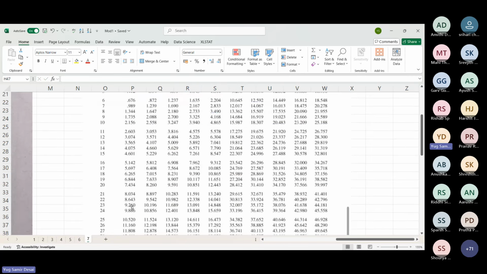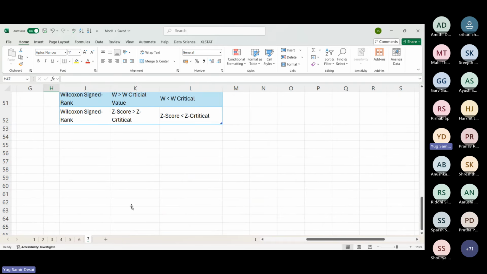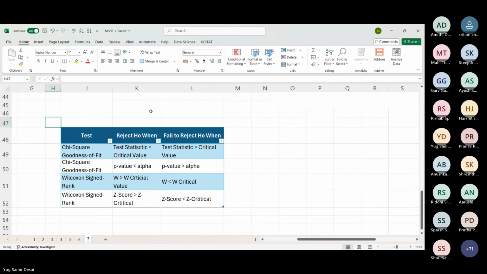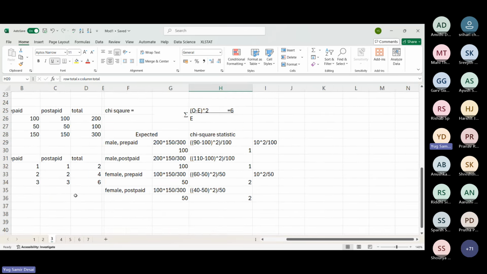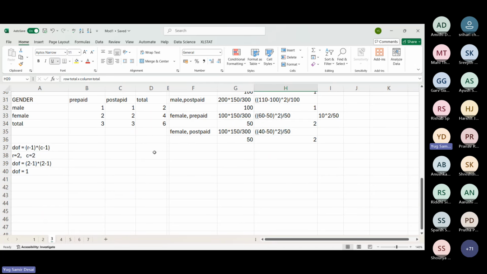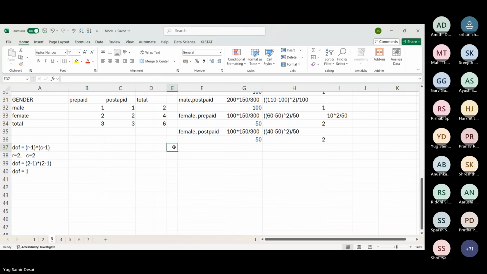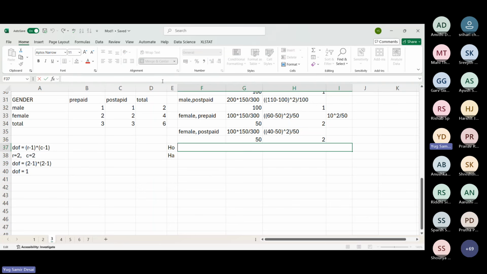Now there's something you all always need to keep in mind for rejecting the null and the alternate hypothesis. And I realize we haven't stated our null and alternate hypothesis. My apologies.